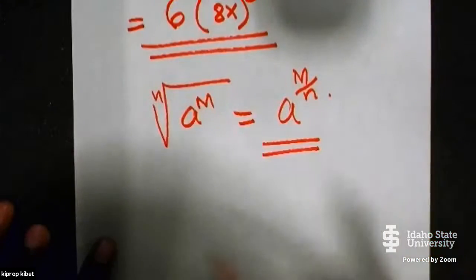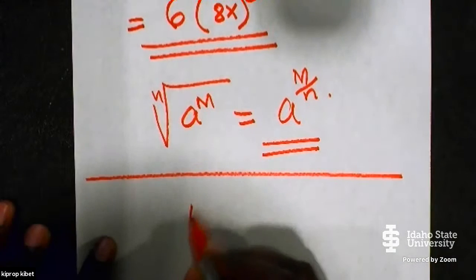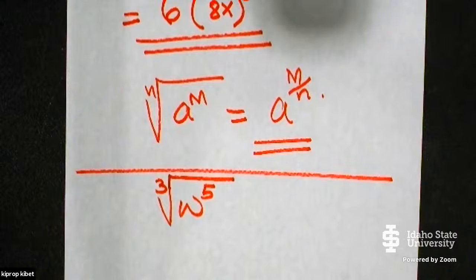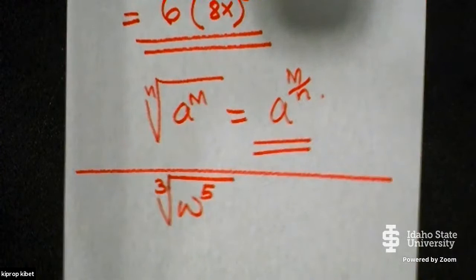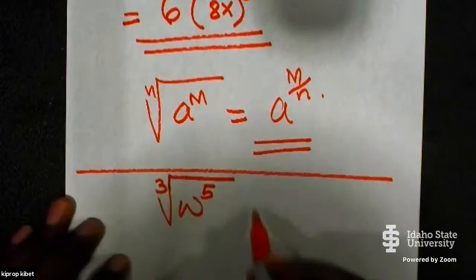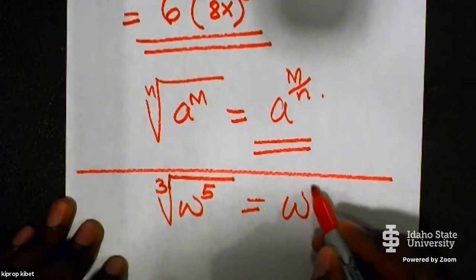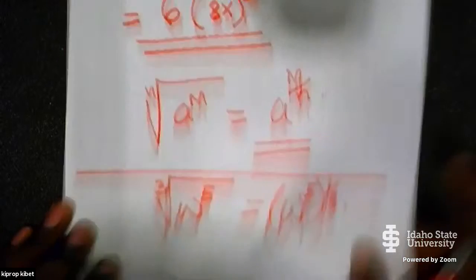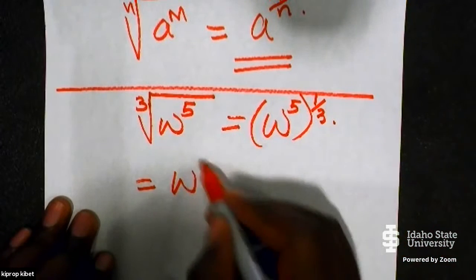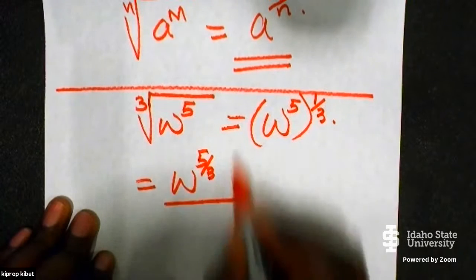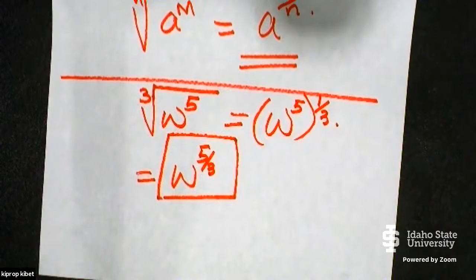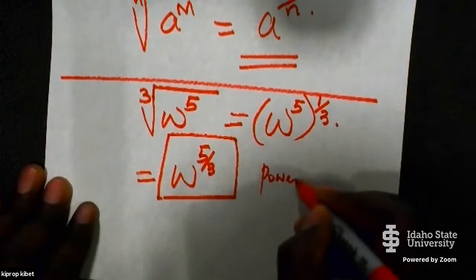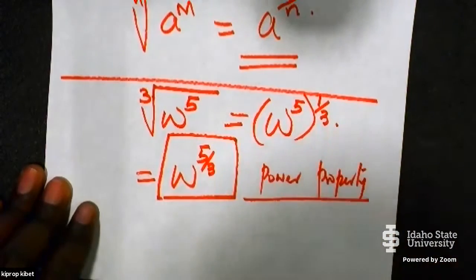For example, the cube root of w raised to 5 is equal to w raised to 5 over 3. So using the power property.